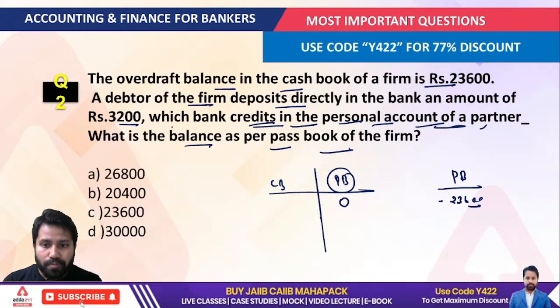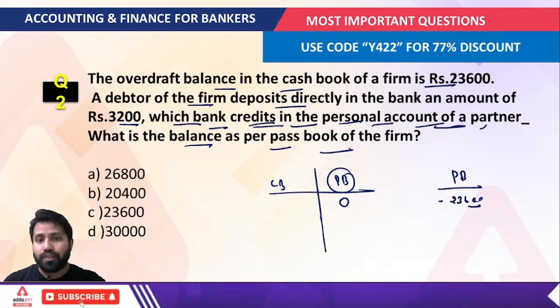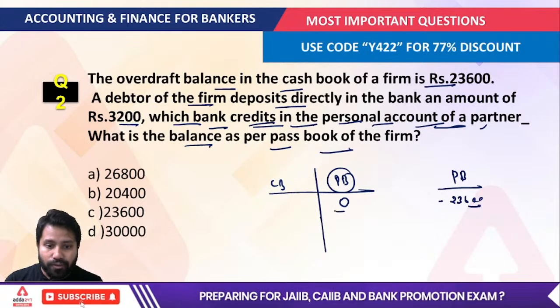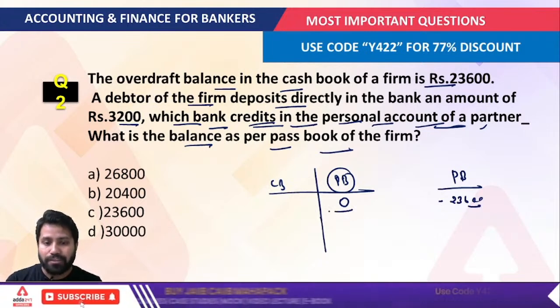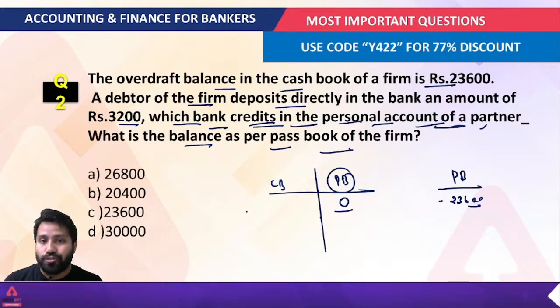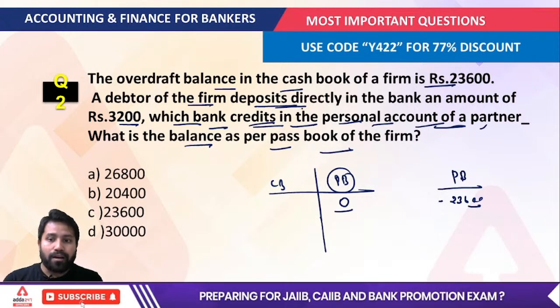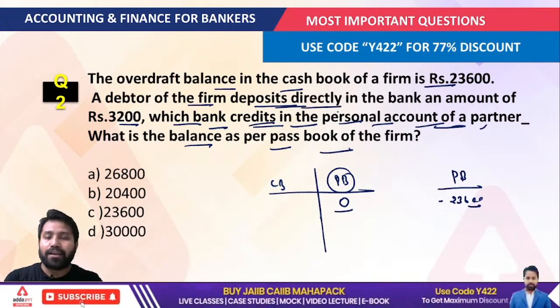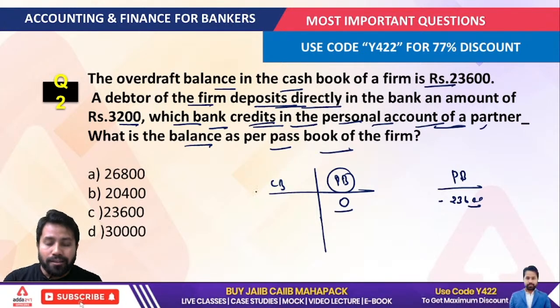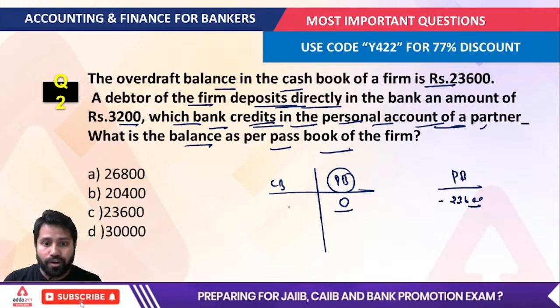Because by mistake the bank credits that amount into the personal account of the partner. So that's why this would reflect as a zero in the passbook, as well as the firm is also not aware of this transaction, because here the debtor directly deposited that amount into the bank. So the firm is also not aware of that.